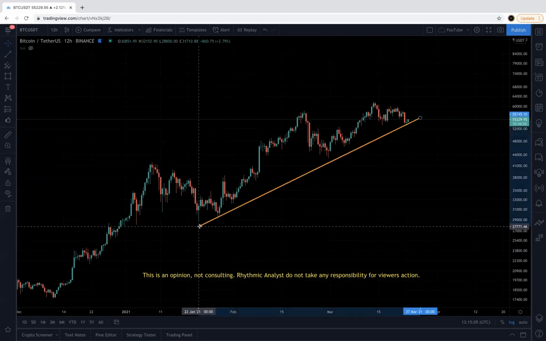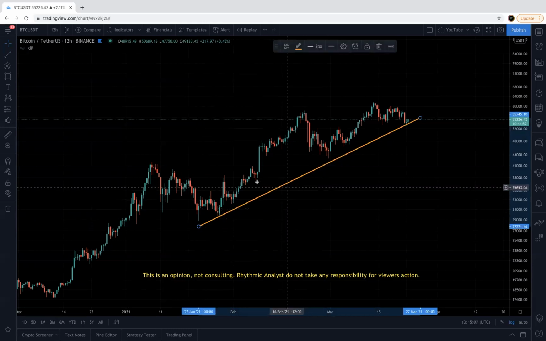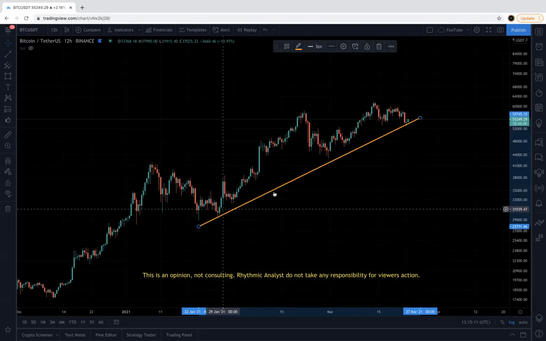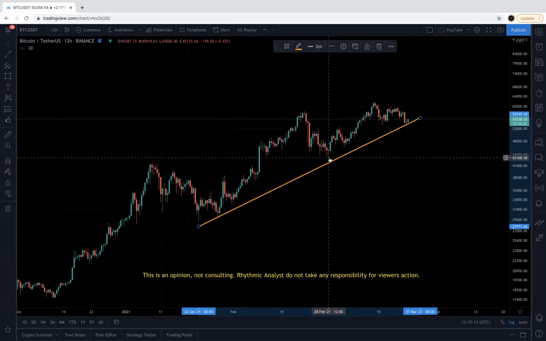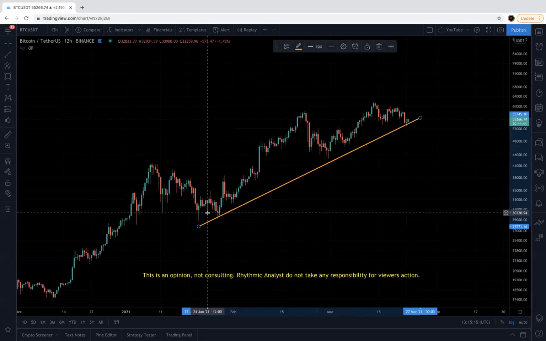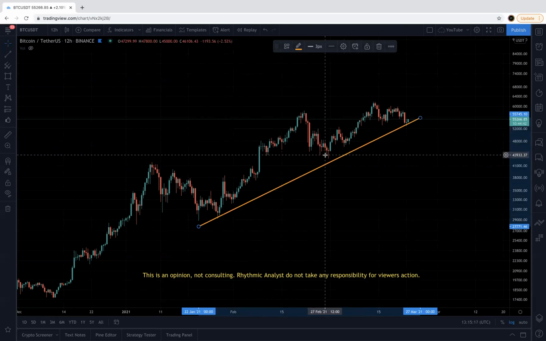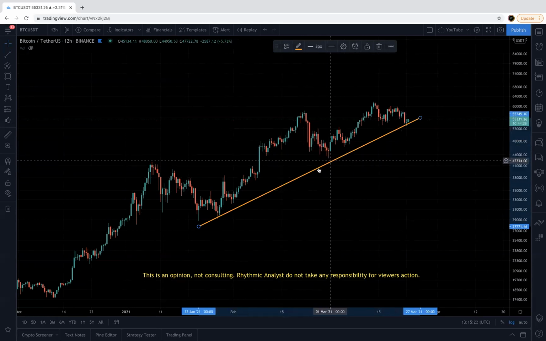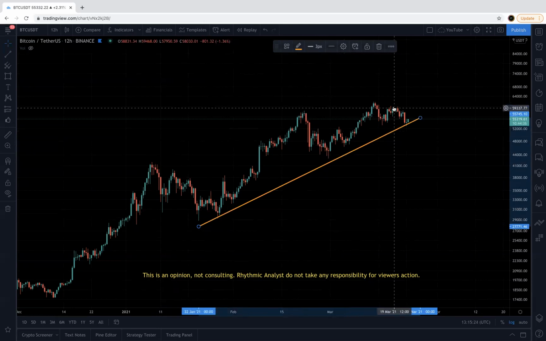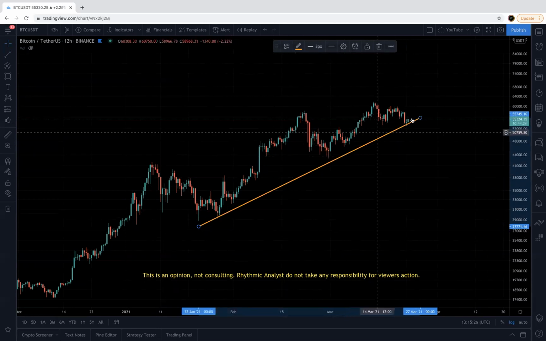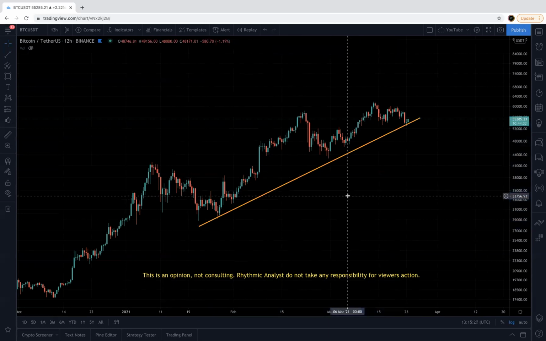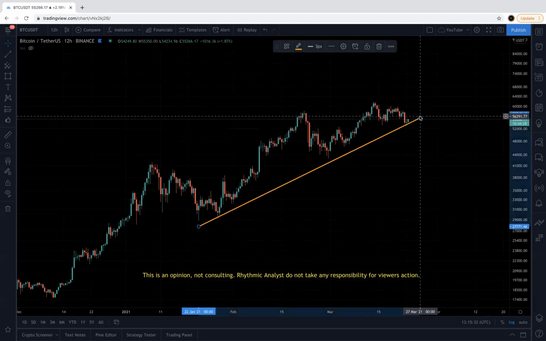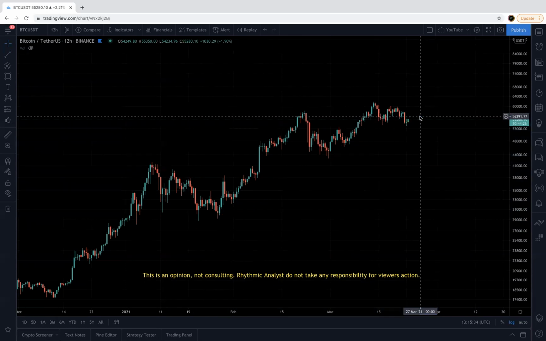Even if you're not into TA, you have to tell yourself that okay, it's not making a new low. What is a higher low? In simple words, when it dips, is it making a low lower than the previous dip? And the answer is no. So we are good. This dip didn't make a new low. It is higher. This dip didn't make a new low. It is higher. So that's called higher lows. That's another aspect. Simple one, commonly known, but worth highlighting.